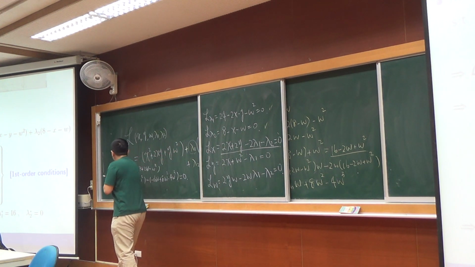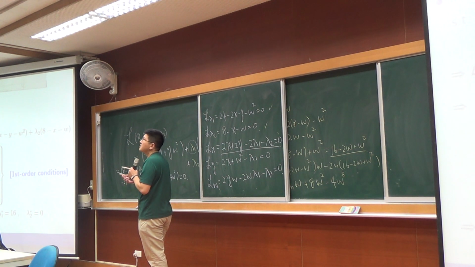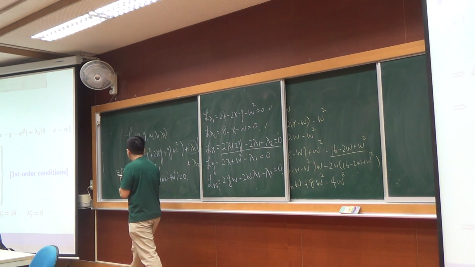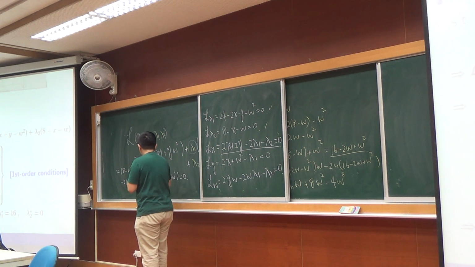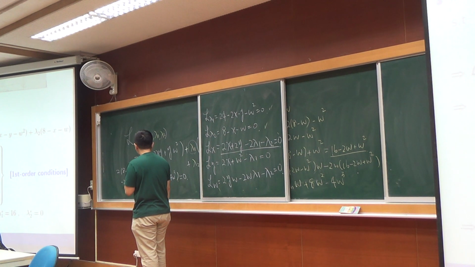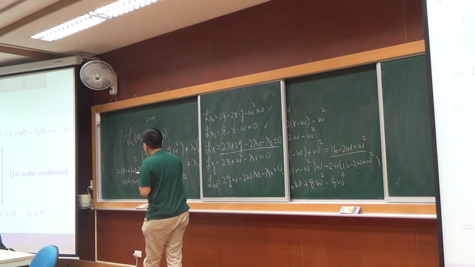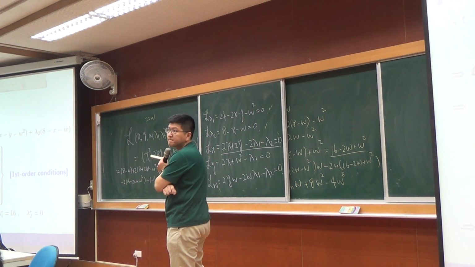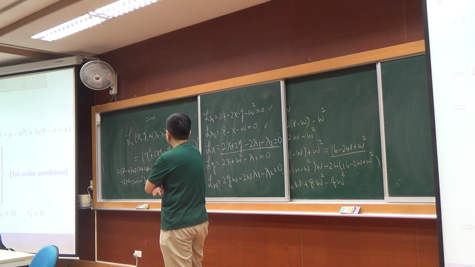And negative 2w plus 4w, it will be positive 2w plus 4w, 6w plus 16, it will be 22w. Is that right? 2, 4, 6, 22, yes.